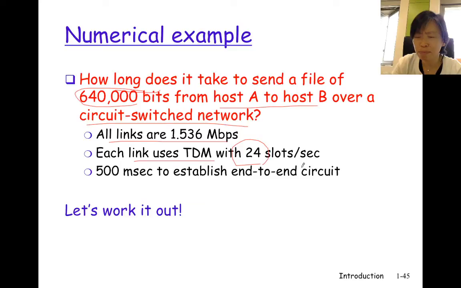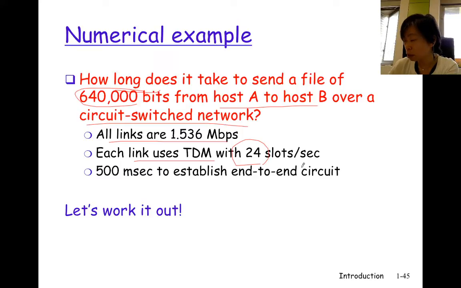Let's bring up the calculator, shall we? So let's see, how much is that? 1536 kilobits per second divided by 24. That will be 64 kilobits per second. So essentially, host A and host B are only allocated 64 kilobits per second of bandwidth for the connection. And we have 640 kilobits that need to be transmitted. So let's divide that by 64 kilobits per second.